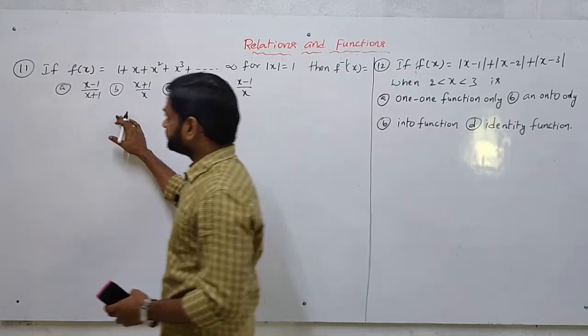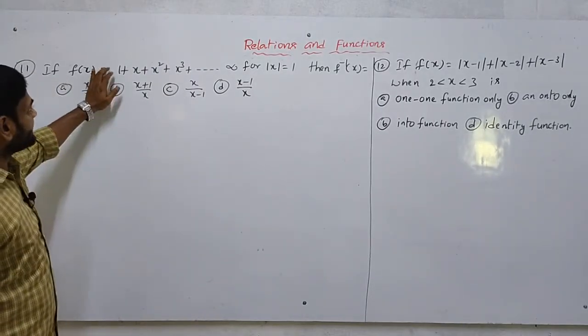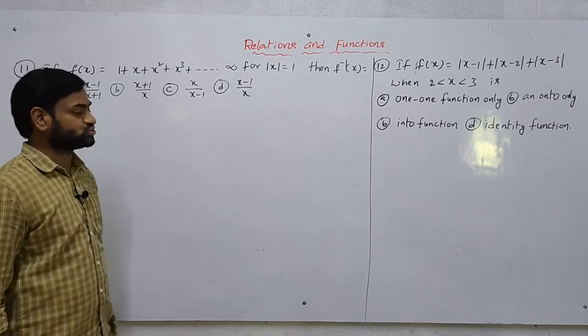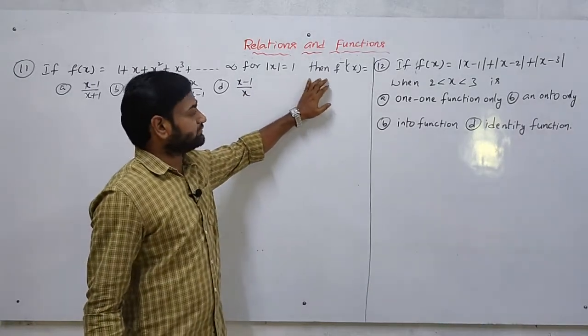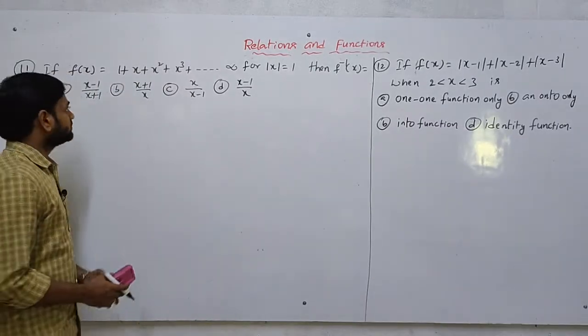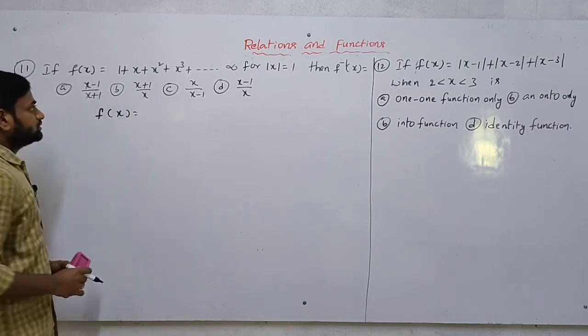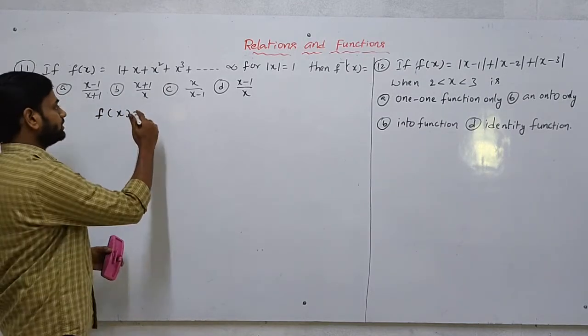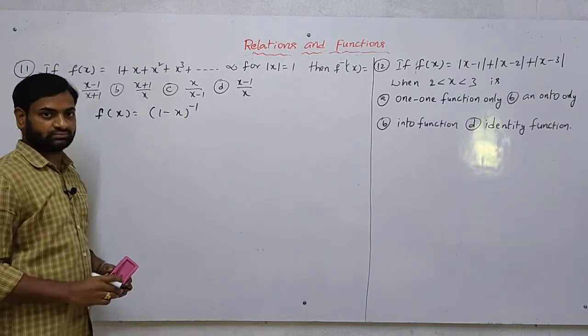See the next problem. If f of x equal to 1 plus x square plus x cube and so on, for mod of x less than 1, then find f inverse of x. We have to find the inverse of the function. See this one. f of x is the expansion for 1 minus x whole power minus 1.